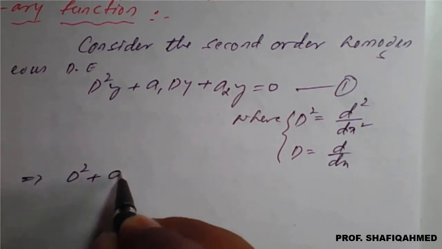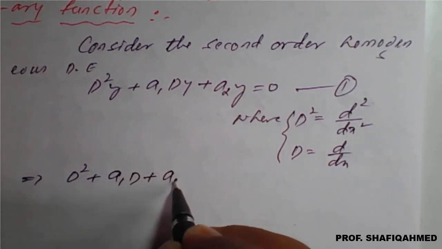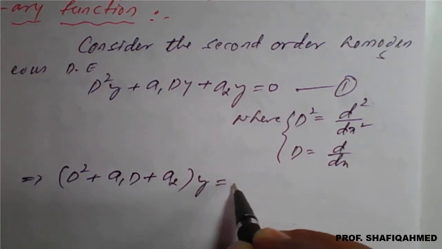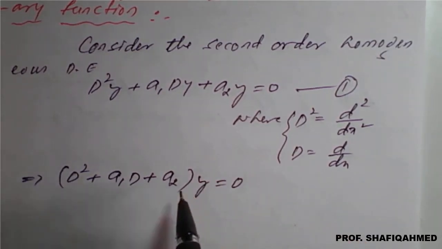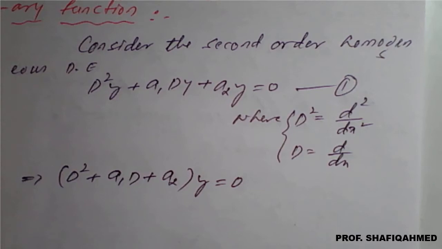So the above equation 1 can be written as (D squared plus a1 D plus a2) of y equal to 0. Once we get our equation, we need to take it like that.